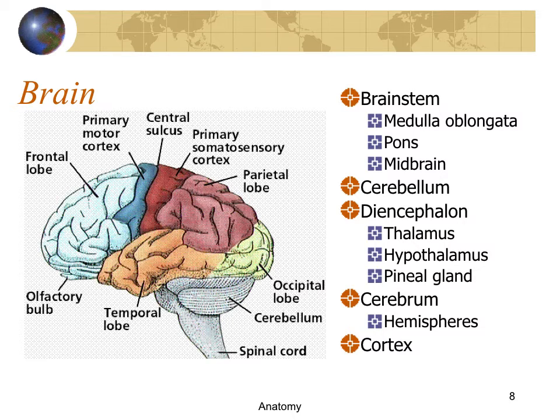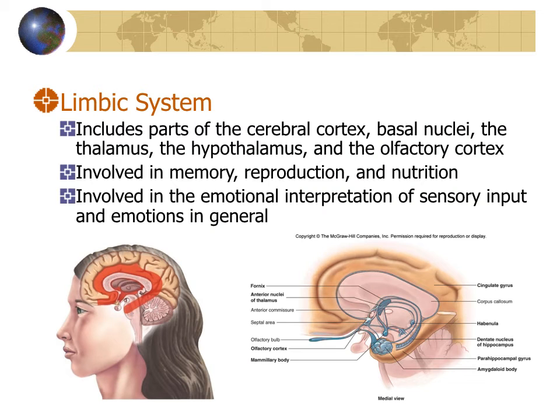Those are parts of the cerebral cortex that have specific functions. You should also be aware that parts of the central nervous system work together to produce specific complex responses. I talked about the limbic system involved in emotion, but also memory and physiological responses like homeostasis.